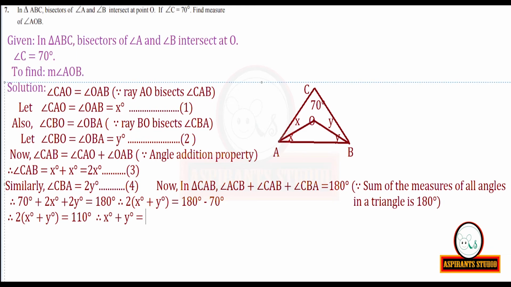Here on the left hand side you will be having only x degrees plus y degrees. X degrees plus y degrees is equal to 110 degrees divided by 2. 110 degrees upon 2 is otherwise 55 degrees. So you will get x degrees plus y degrees is equal to 55 degrees.